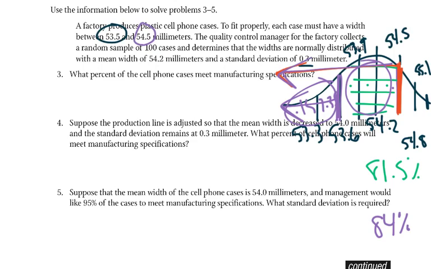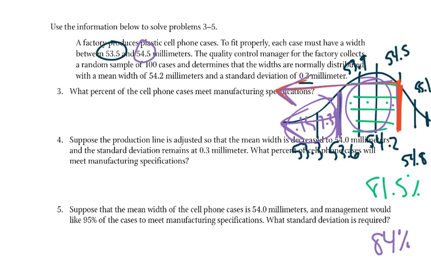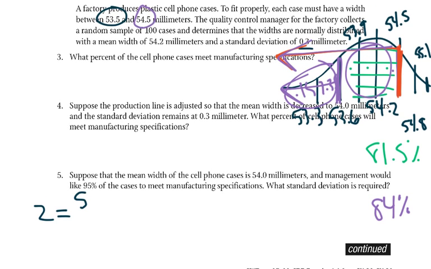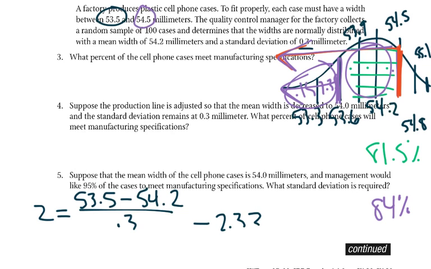So to find the z-score, remember we have that formula. I'm kind of running out of space, aren't I? Z equals x, which was, we'll do 53.5 first, minus our mean, 54.2, over our standard deviation, 0.3. So using the calculator, 53.5 minus 54.2, divide that by 0.3, we get negative 2.33 when we round.